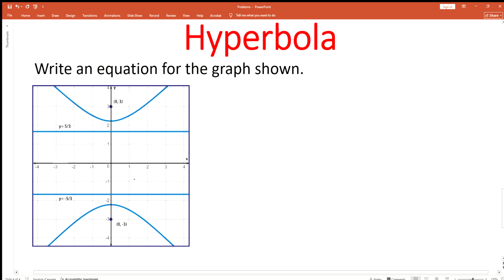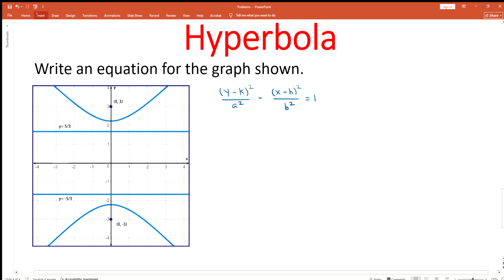In this hyperbola, the curves are opening in the upward and downward directions. So the general equation of this hyperbola is (y minus k) squared over a squared minus (x minus h) squared over b squared equals 1.